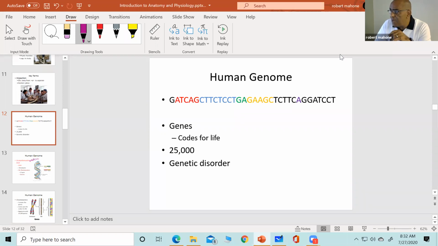Now, some genes might simply be like a period in a sentence. This gene stops right here, the next gene starts, boom, and that's your period, letting you know that this gene has come to an end. We can't read DNA like that. Maybe one day we'll be able to. All right, but you see in here the same repetition of the same 4 letters, G, A, T, and C, and their combination in there.